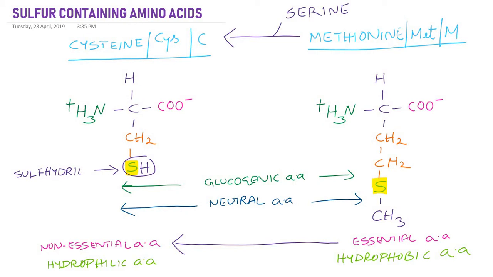Now we will see the individual amino acids. Cysteine is naturally present in many biologically important proteins, like glutathione, which is an antioxidant and is made up of three amino acids: glutamic acid, cysteine and glycine.